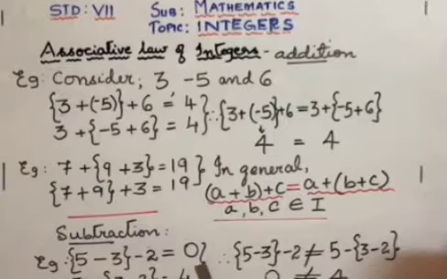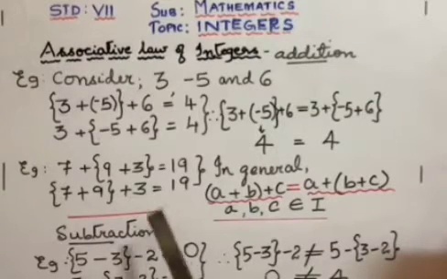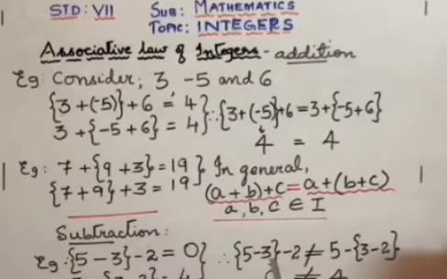Children, do you think these two are equal? You have changed the grouping just like we did in addition. Did you get the same answer? As you all can see, you did not get the same answer. We got 0 in one of the groupings. If we change the grouping, then we got 4. So 0 is definitely not equal to 4.